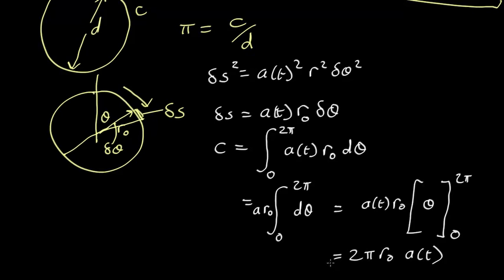So that's about what you expect the circumference of a circle to be, 2 pi r naught, just with a of t factored in there, because the universe presumably has expanded or shrunk at some point.